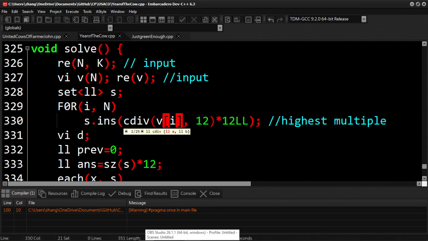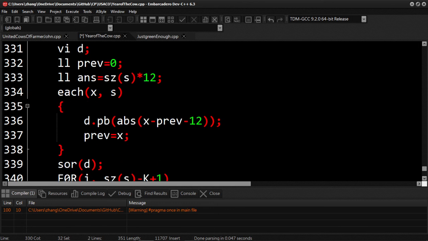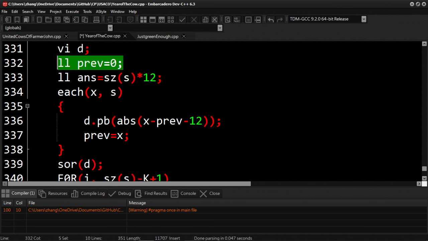So if the value would be 46, this would return 48. I just multiply by 12, and this is just long. Then I make another vector of D. This is previous, and this is just a way to find gaps.